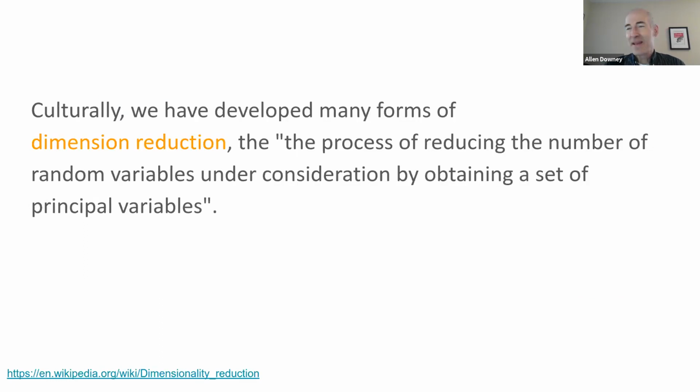But we usually don't think of it as a 100-dimensional space. Culturally, we have a lot of ways of reducing dimensions. So dimension reduction is reducing the number of random variables to get a set of the things that we think are the principal variables.